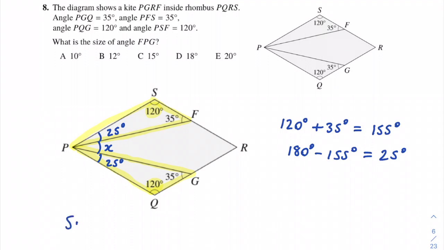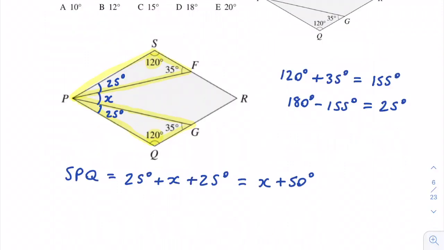So angle SPQ equals 25 degrees plus x plus 25 degrees. So that is just x plus 50 degrees. So that means angle SRQ will also be equal to x plus 50 degrees, since they are the same.